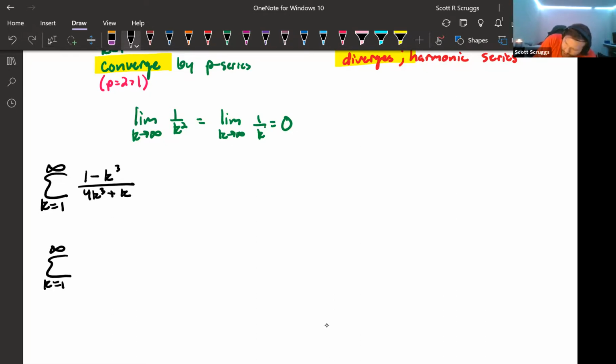Next, (k to the 4th minus k cubed plus k minus 2) over (k to the 5th minus k to the 4th plus 7).